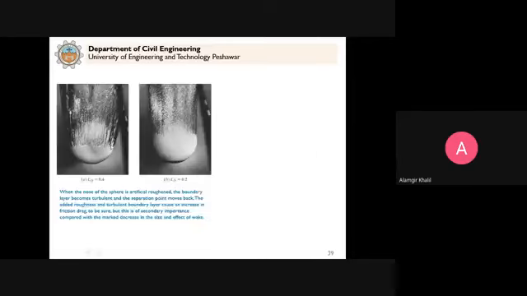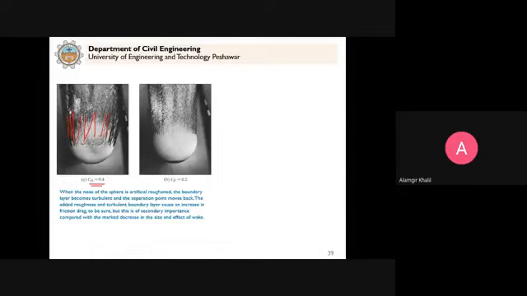Now in this case you can see that we have these bodies, a sphere moving through the water, and in this case the drag coefficient is 0.4. Why? Because you can see the boundary layer separation, the thick wake that is created, and you see that the drag force is more.